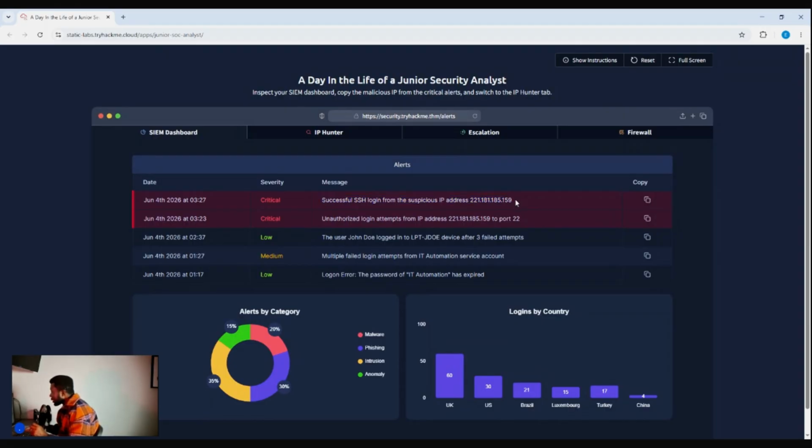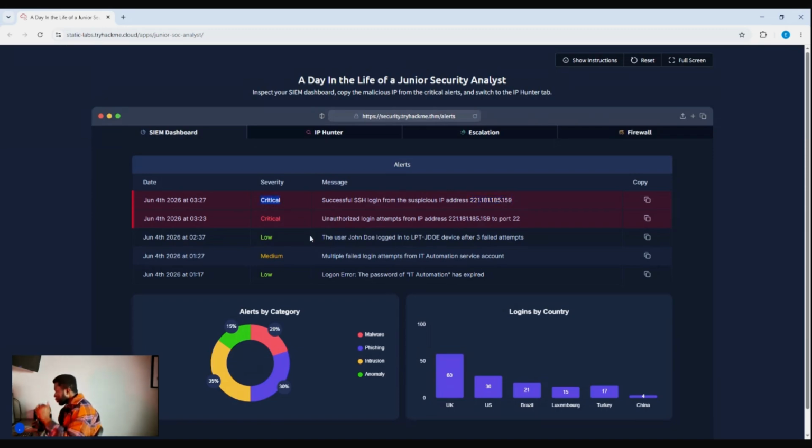It means that he didn't recognize this IP address as an IP address that is identifiable or that is usually seen on the network. And since this IP address has successfully logged into the company's network, he's flagging this as critical.